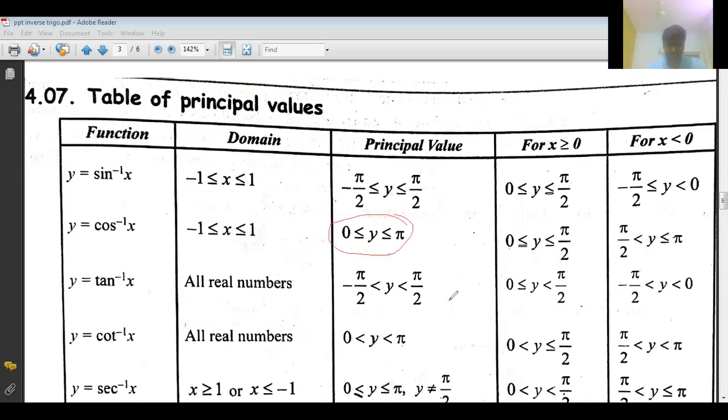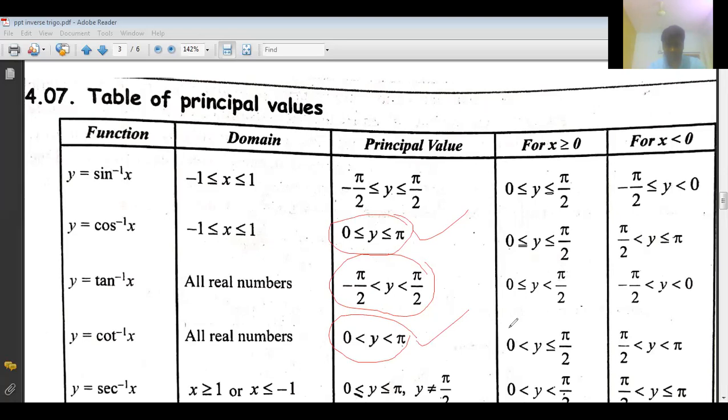Clear? For tan inverse x, whatever result we get must lie in minus pi by 2 to pi by 2, open interval. And what about cot inverse x? 0 to pi, open interval. Here 0 to pi closed interval, here 0 to pi open interval.